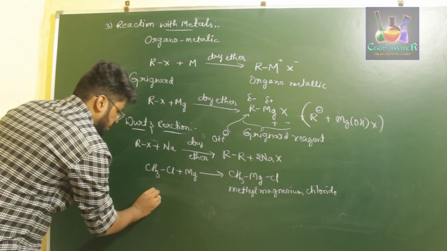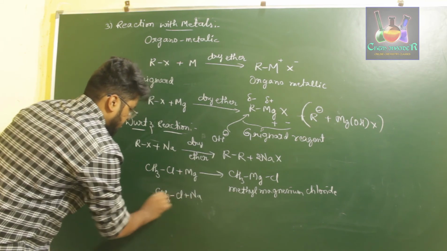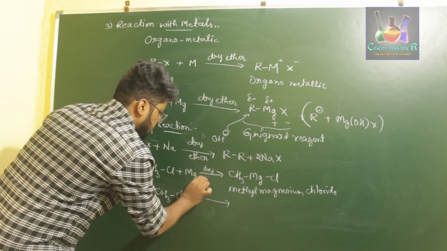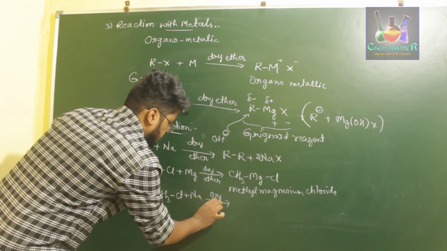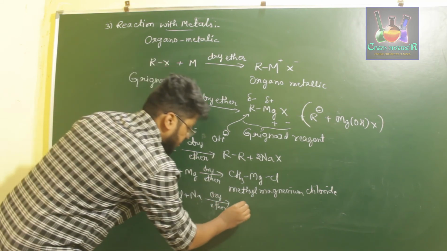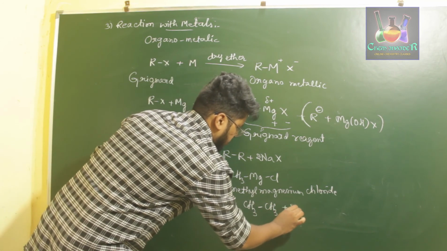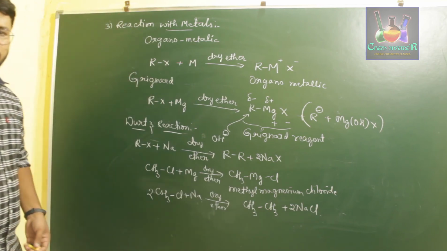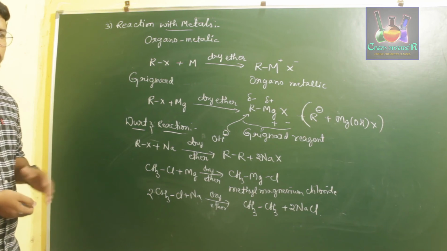Whereas if you treat CH3Cl with Na in the presence of dry ether, we get CH3-CH3 plus 2NaCl. So these are the examples for our reactions of haloalkanes with metals.